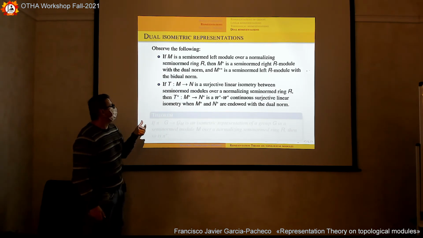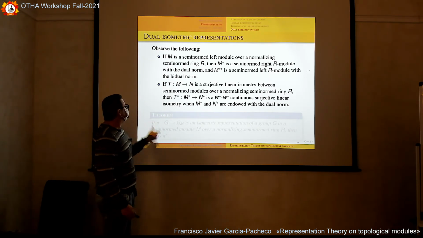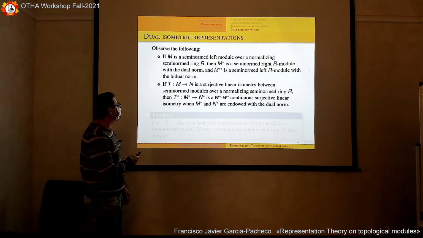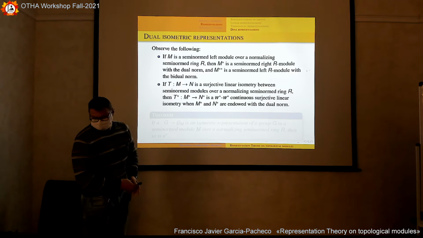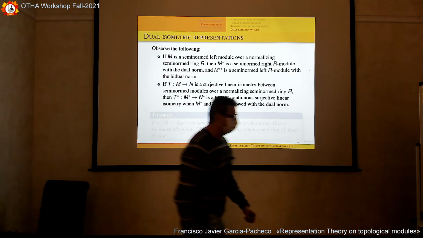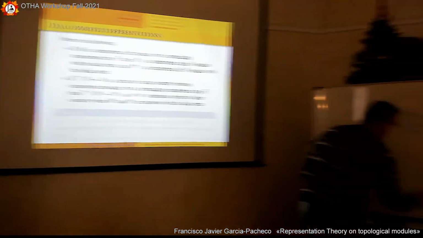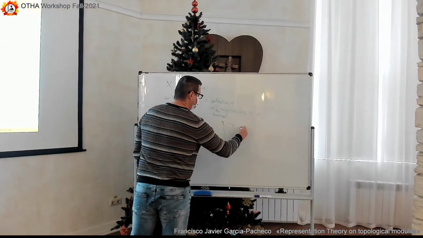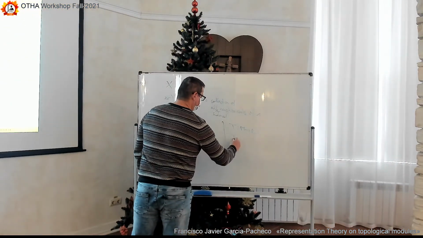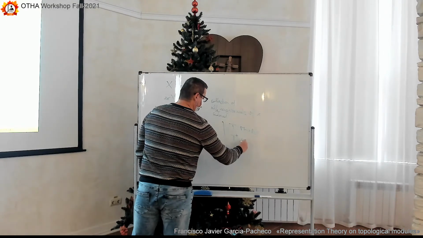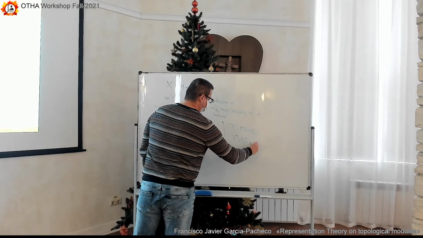Its dual map, sorry, this is also a misprint, this should be N star to M star.